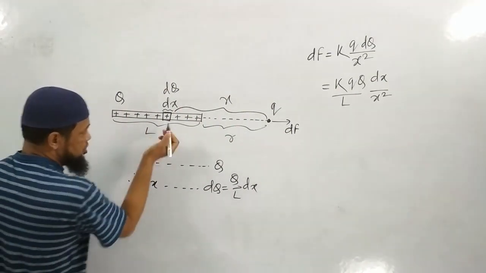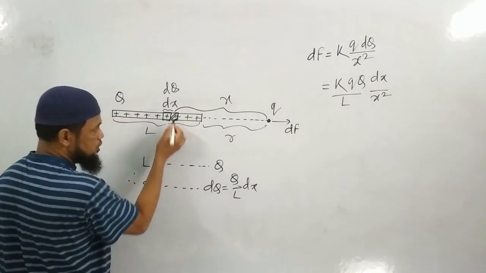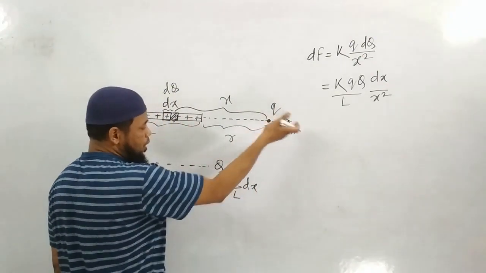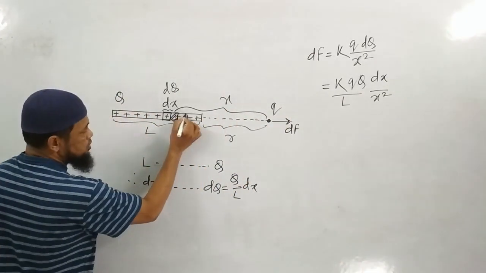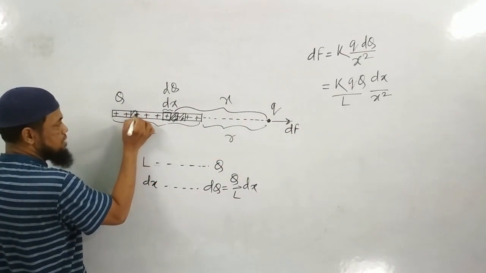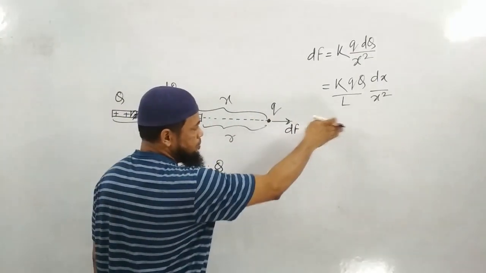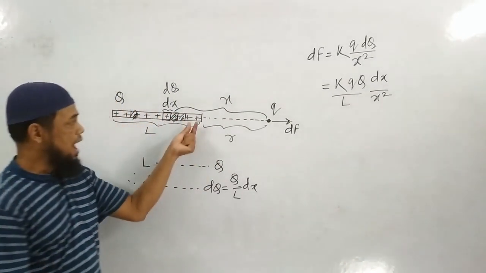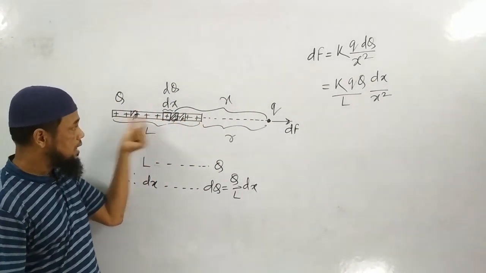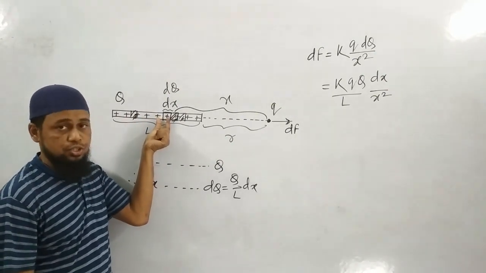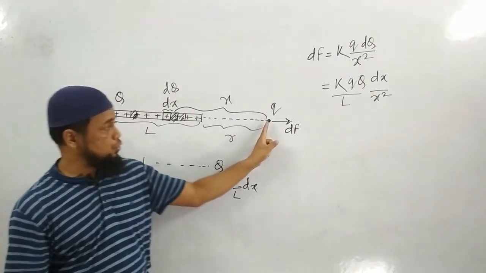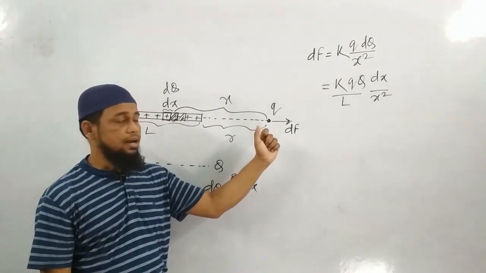So if I consider another element, this will also exert the same force, a very small force in this direction. If I consider another element, or an element here, each will also exert a force in the same direction. That means I have to consider all possible elements like the ones I have considered. All these elements will exert a force on Q in the same direction.